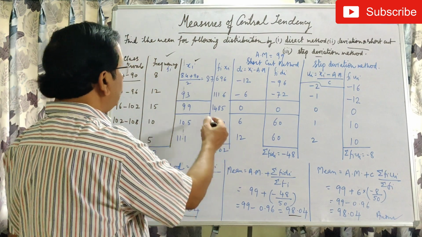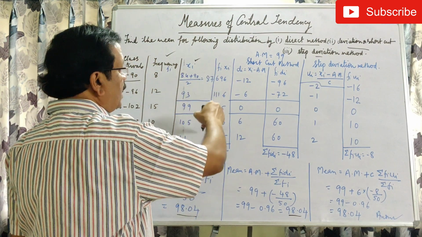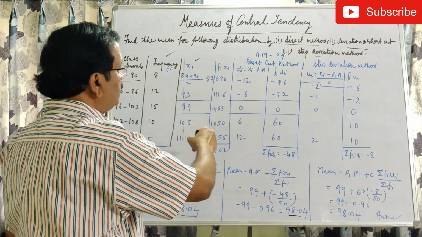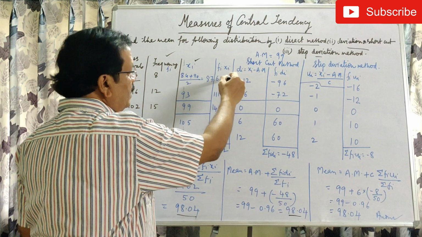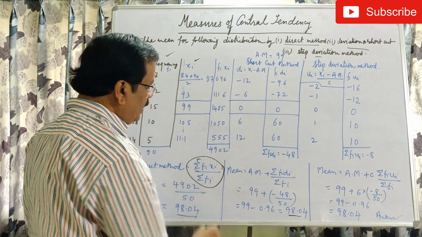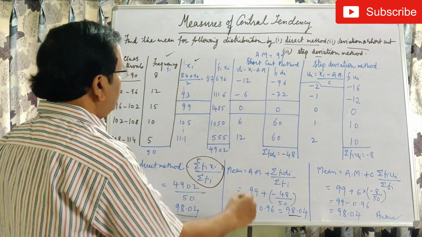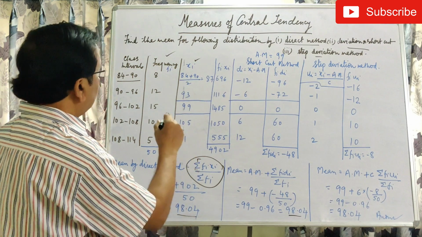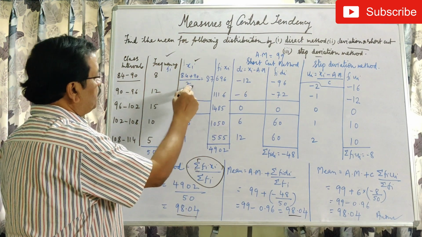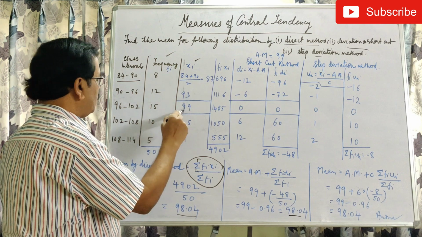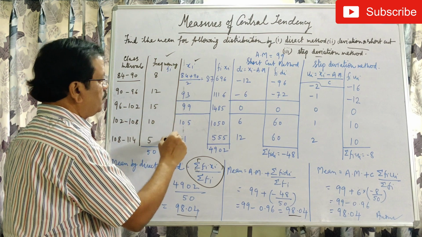Now for the direct method, first of all find the class mark. You can see the class mark is required here, and Fi xi, because the formula is sigma Fi xi upon sigma Fi, the multiplication of Fi with the class mark. How can we find the class mark? 84 plus 90 upon 2, 90 plus 96 upon 2, 96 plus 102 upon 2, and in the same way for the rest.